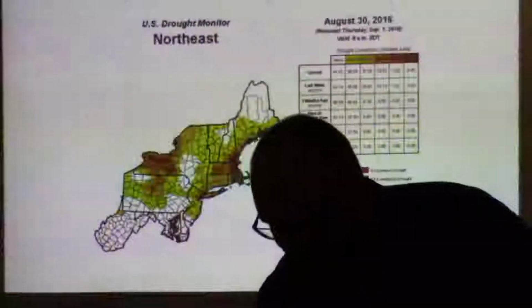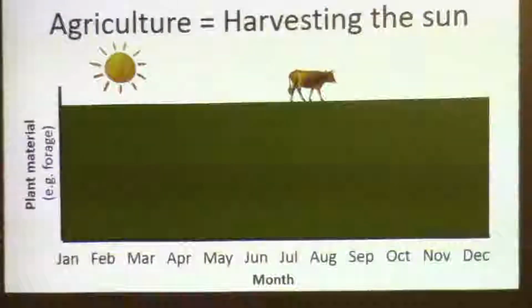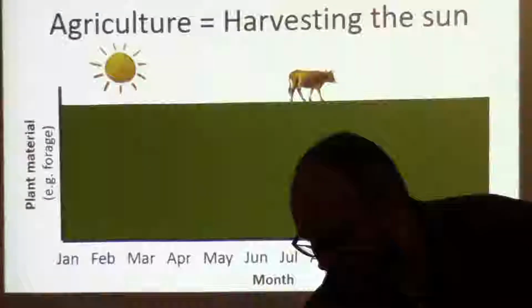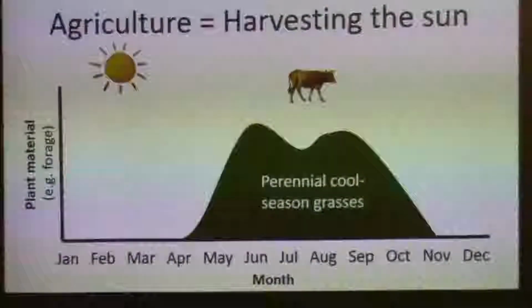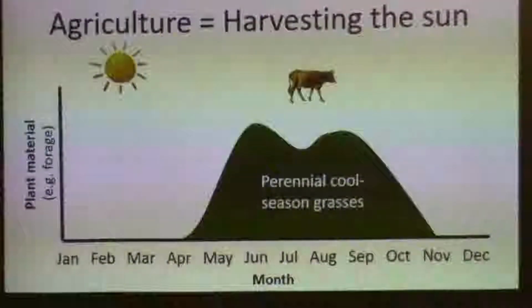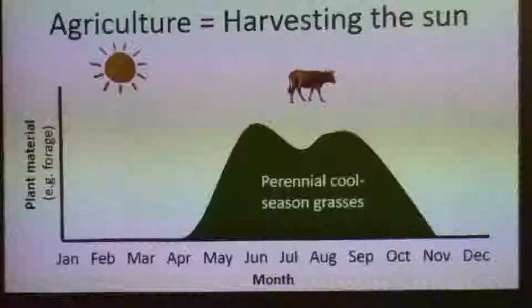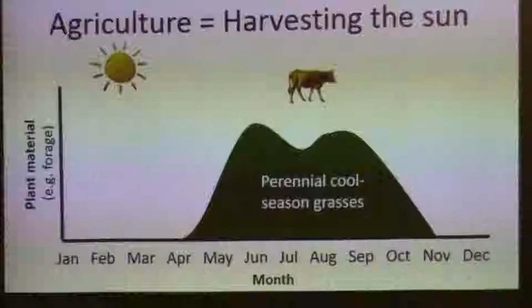And so here in New Hampshire, where ideally we would be harvesting the sun's energy year-round, it really looks more like this, right? We can really only do that for a portion of the year. And so we're thinking about forages in this context, right?